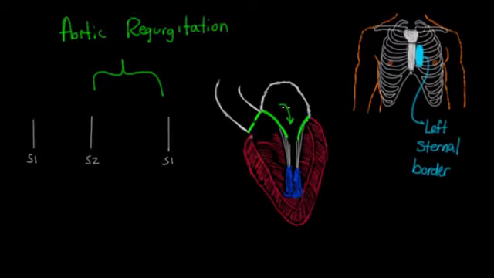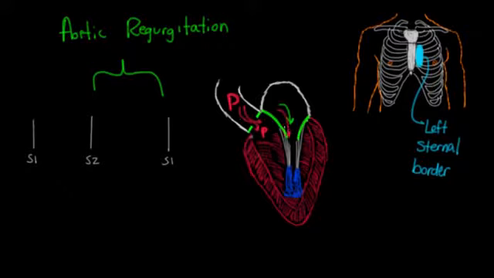But because this is aortic regurgitation, that means there's a closing problem with this aortic valve. And so blood, right when this tries to close, because the pressure will actually be greater here than here, right at S2, blood is going to be coming through here.